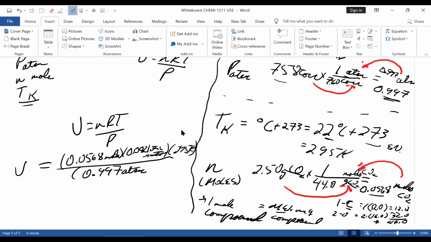And up here we have atmospheres, liters, atmospheres cancel out, and we're left with liters, which is what we're trying to get. And if you do the math, and hopefully I copied down the right number, you get 1.38 liters of CO2.